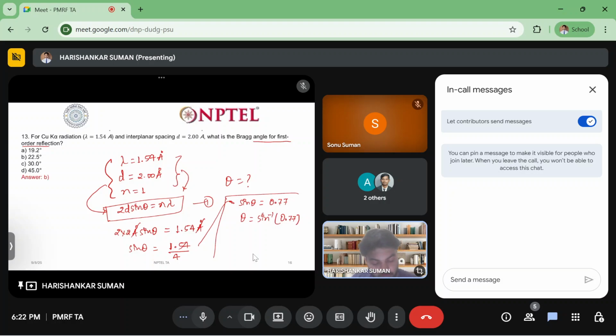The answer will be B. So theta will be 22.5 in degrees. We have 1.54 divided by 4. Oh, sorry, we were wrong here.